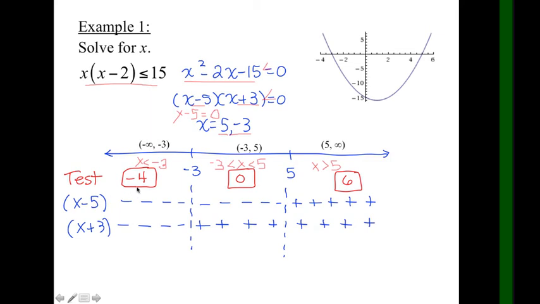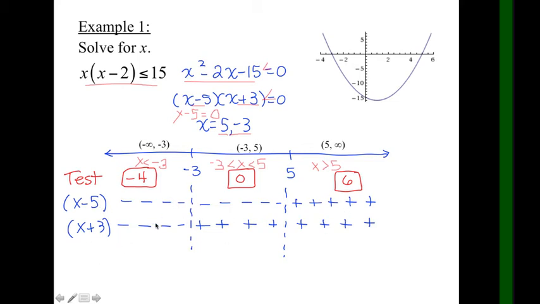So x minus 5, substitute rather, negative 4 minus 5 is negative 9. So negative yung answer natin dito. Negative 4 plus 3 is negative 1. So, negative din. For this 0, we have 0 minus 5 negative, 0 plus 3 positive, 6 minus 5 positive, and 6 plus 3 positive.